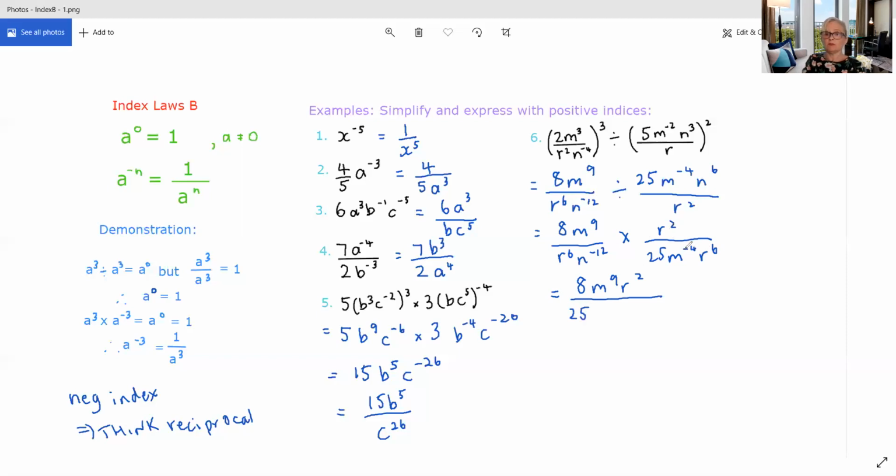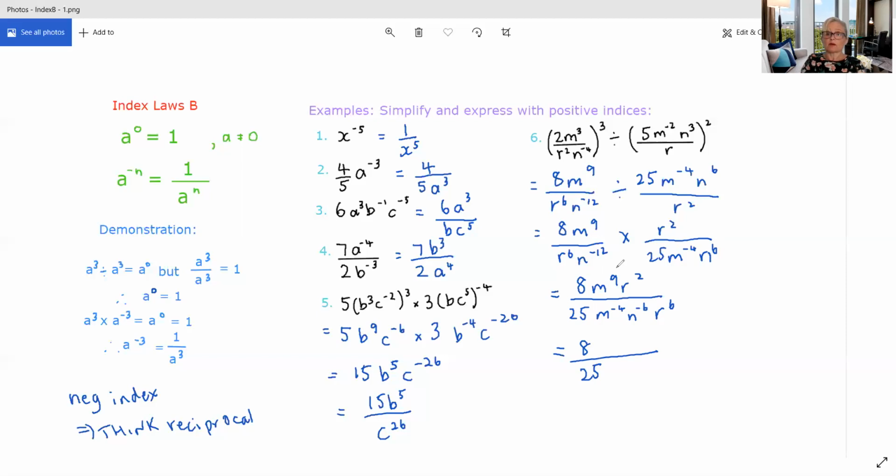Now the m's, we've just got an m to the negative 4. The n's, we've got an n to the negative 6. That should have been an n there, sorry about that. So we've got an m to the negative 4, n to the negative 6, and r to the 6. Okay, leave your 8 and your 25 as they are.